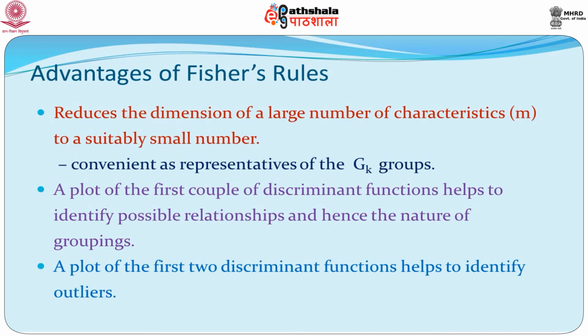What are the problems with outliers? The problem with outliers is that they would form a group by themselves, a single member group or maybe a two member group, a very small group, and so we should be careful as to which of these are outliers and whether we should be including them in the study or not.